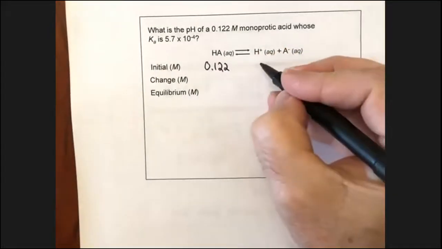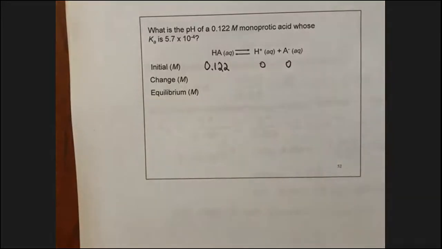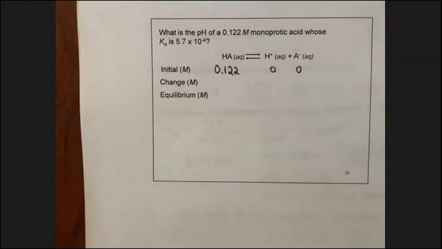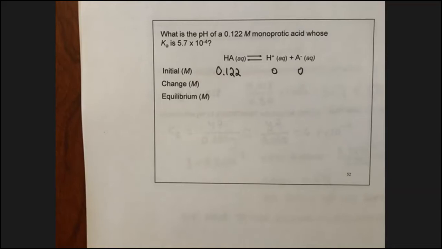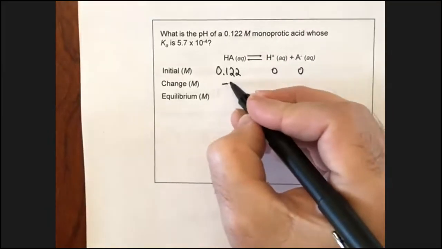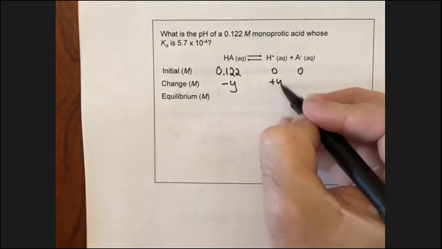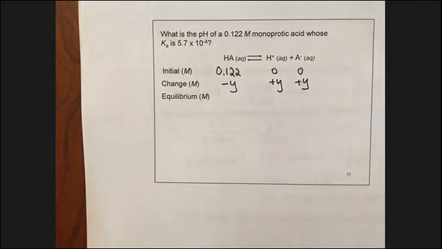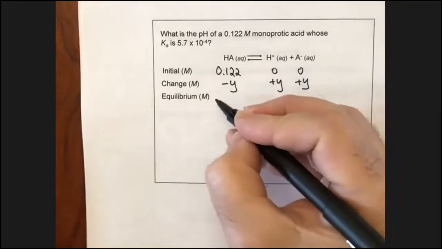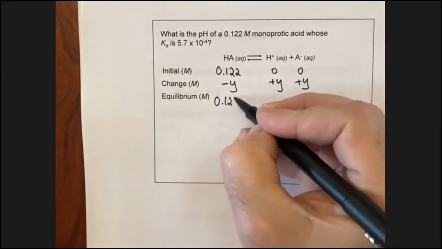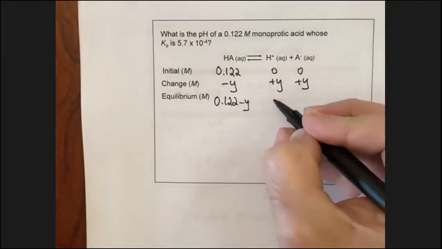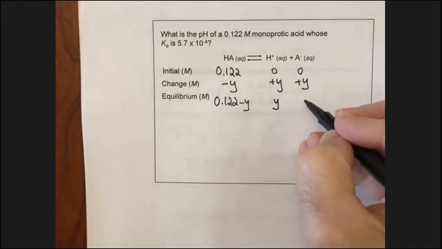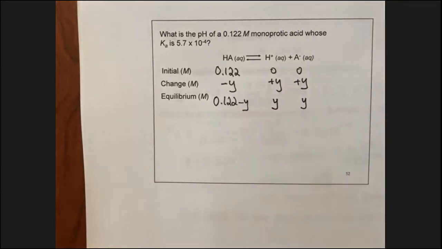And of course, we're starting at zeros of our H plus and our conjugate base. We're going to have a change. I'm going to use the letter Y again to represent that change, so that we end up with 0.122 minus Y molar acid, Y molar hydrogen ions, and Y molar of the conjugate base.